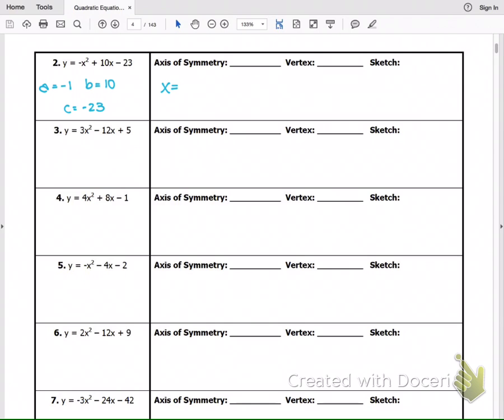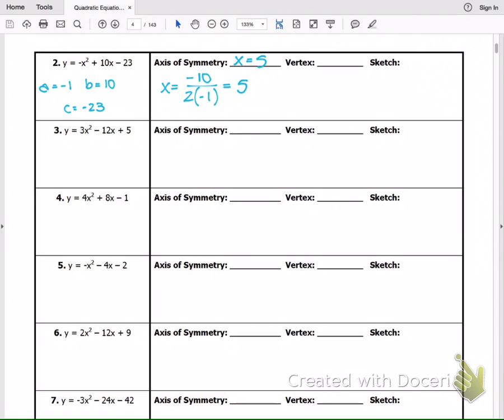So what's that going to look like here? -10 over 2 times -1, which is going to give me what for my axis of symmetry? +5, right? All right.